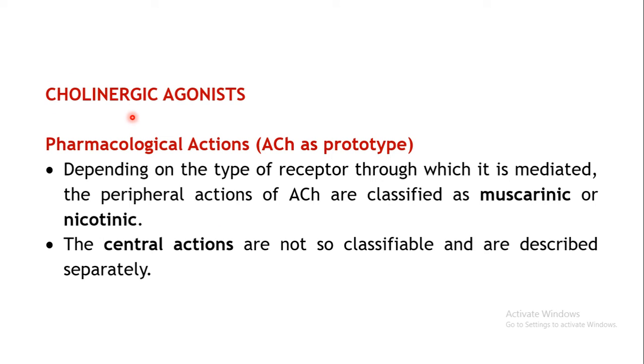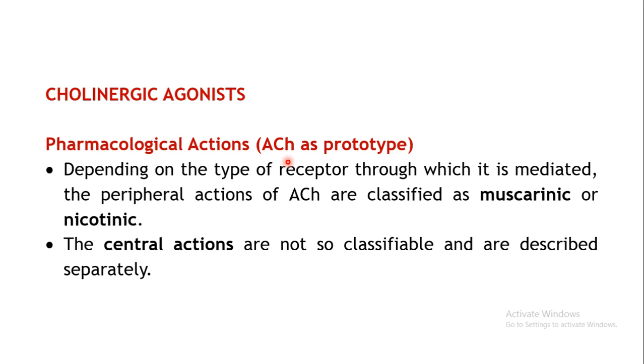So we shall cover the first class, that is cholinergic agonists. Now here we will start with the pharmacology of cholinergic agonists. And here pharmacological actions of ACh are discussed as a prototype drug. Now these pharmacological actions are discussed based on which type of receptor is being stimulated.